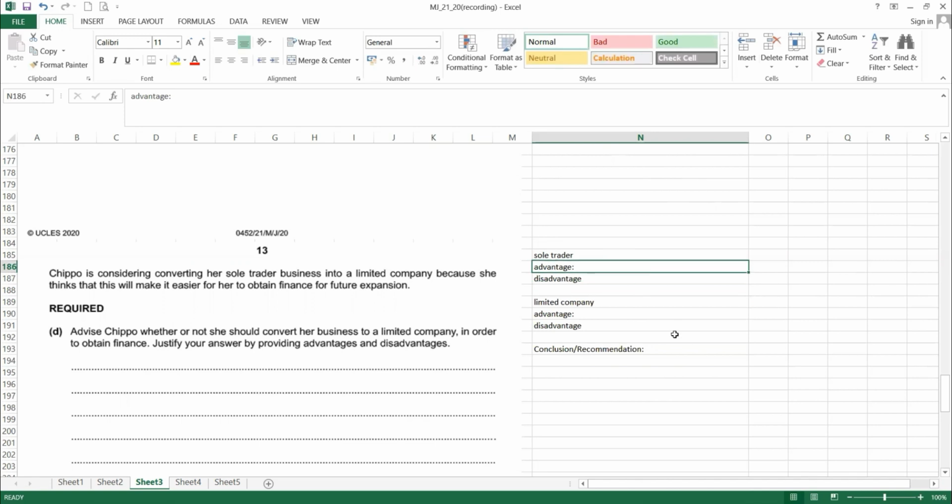Okay, now we think about the advantage of the sole trader first. The advantage of a sole trader is that all profit belongs to the owner, and also the owner can make faster decisions.